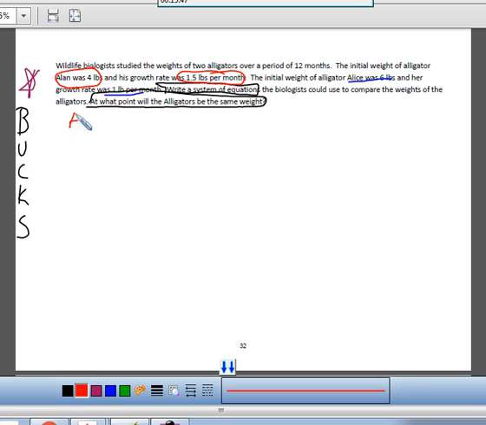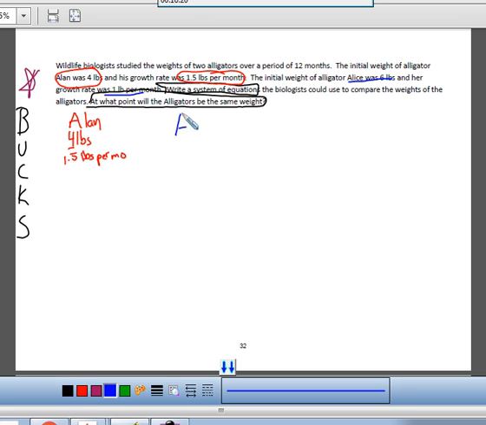So Alan has initial weight of 4 pounds and a rate of 1.5 pounds per month. I'll abbreviate month. So you're going to write an equation for alligator Alan in a second.